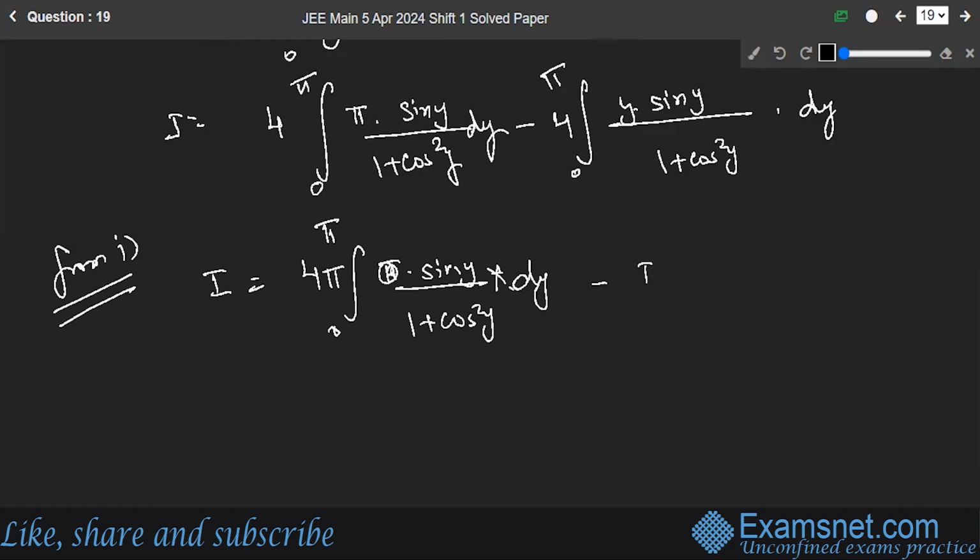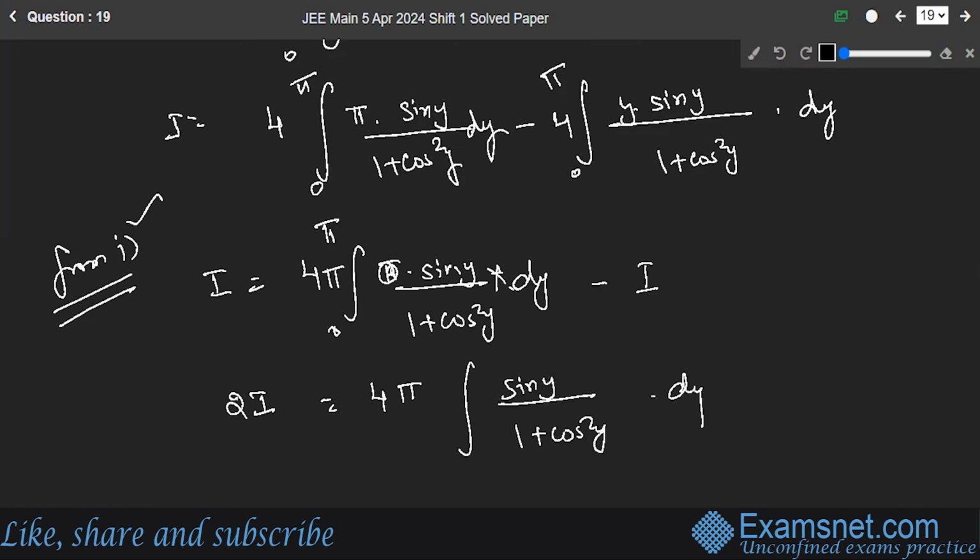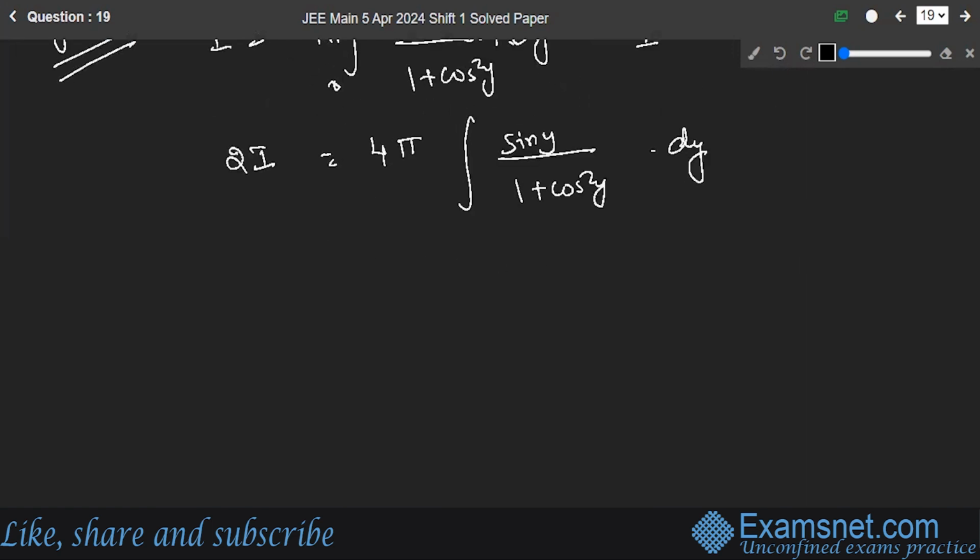And this was your I from 1. This gives me 2I is equal to 4 pi, this thing, 1 plus cos square y into dy. This will cancel. I is equal to 2 pi.